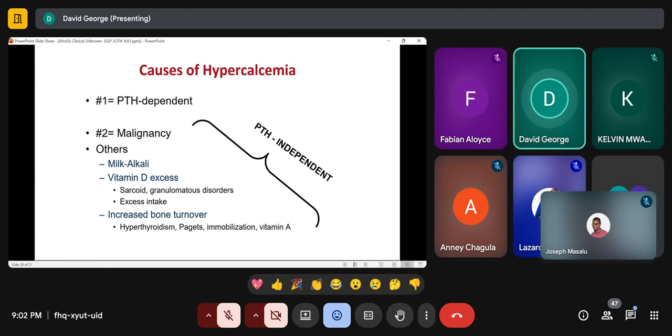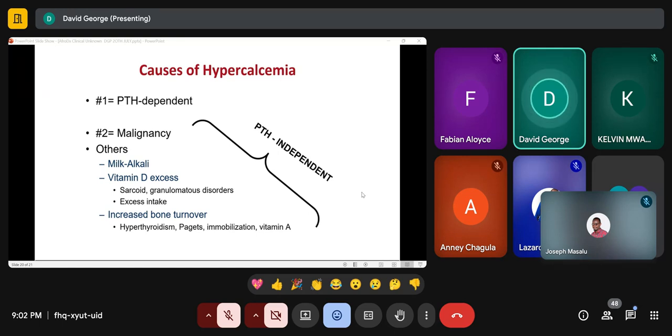Practically speaking, if you see an elevated level of calcium, you make sure you are dealing with hypercalcemia by correcting it if necessary. The next thing is you order a PTH, if you do not want to take the long cuts. If the PTH level is elevated, then you know you are dealing with primary hyperparathyroidism.